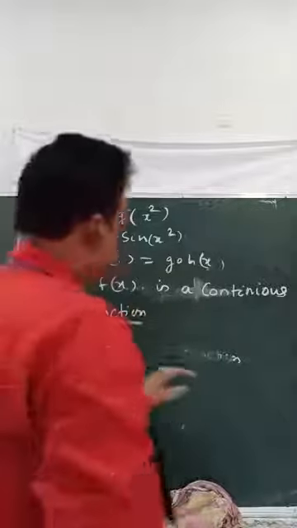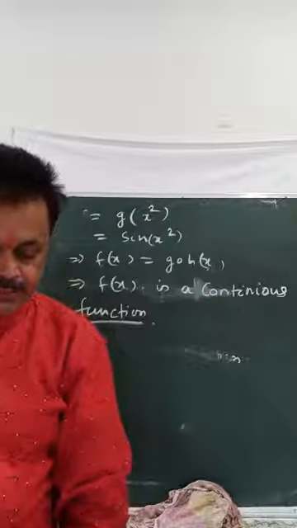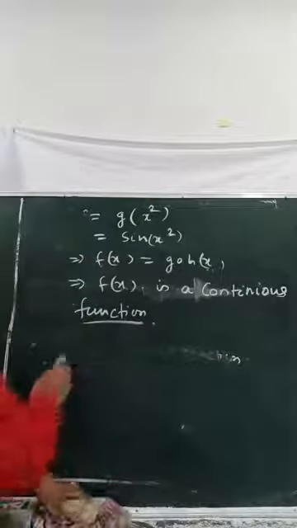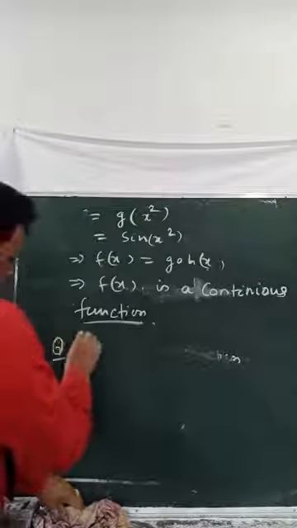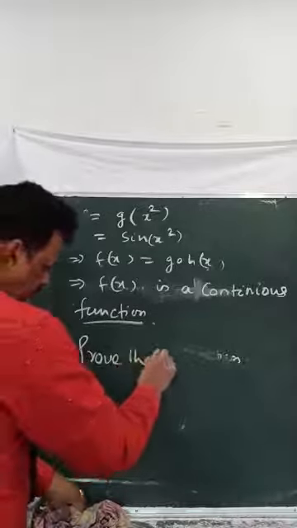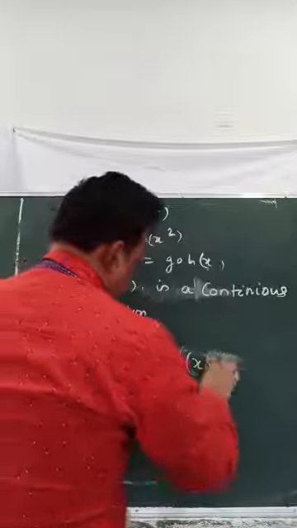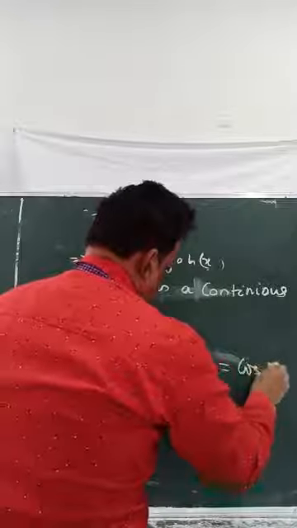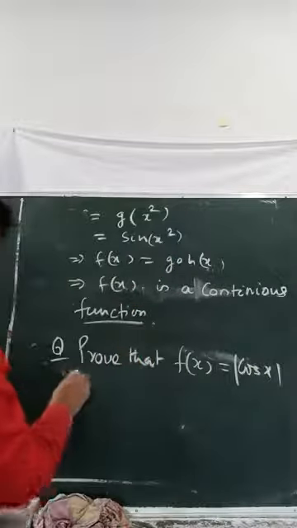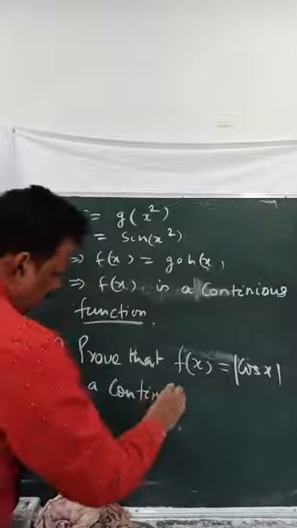So these are the questions about composite functions. Let's take one more question. Prove that f(x) equals cos of mod x is a continuous function.